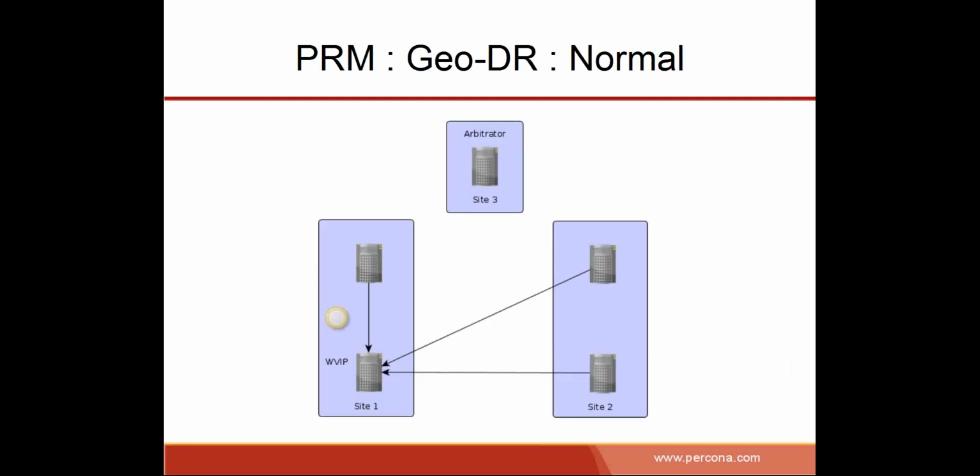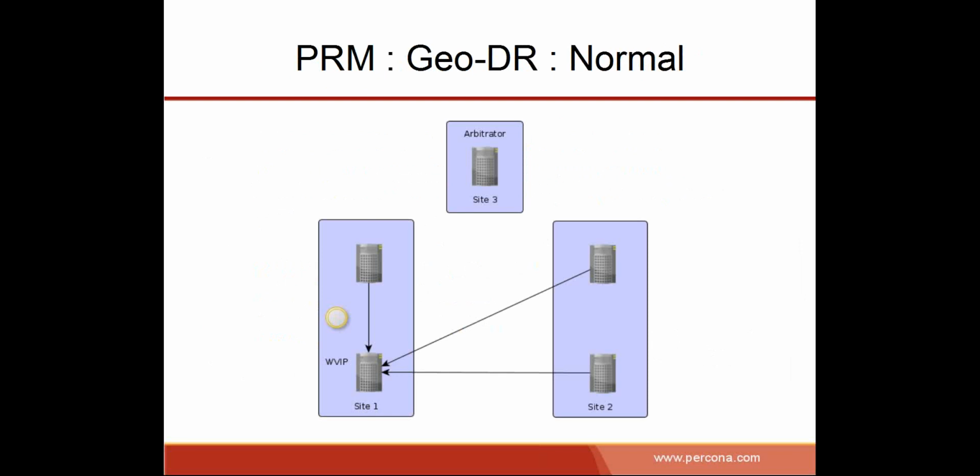So let's just review the way this works. We have the 3 sites. The arbitrator is site 3, site 1 and site 2 have 2 nodes each. Site 1 has the token, the small yellow ring there. There's one master in site 1.